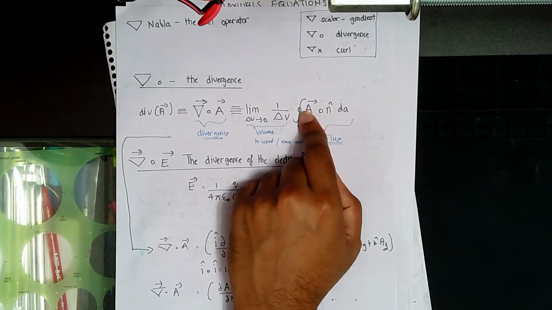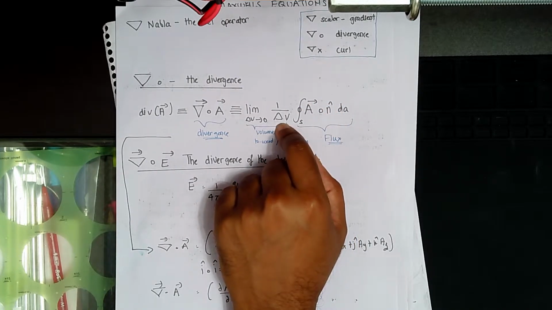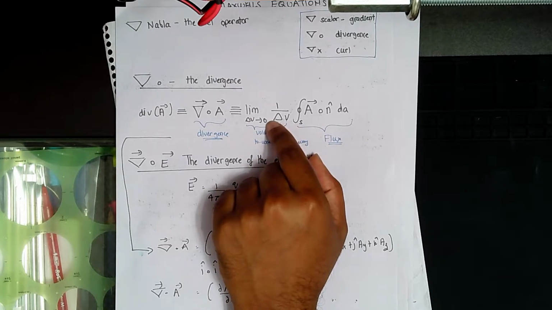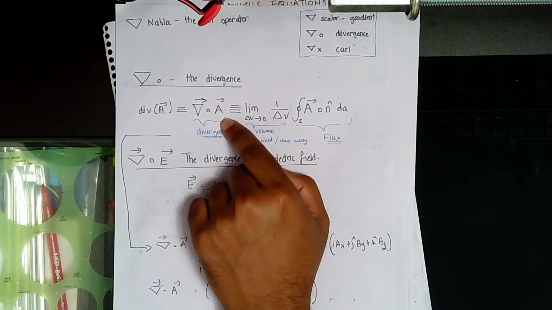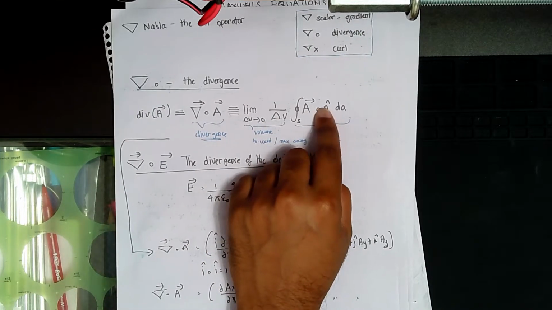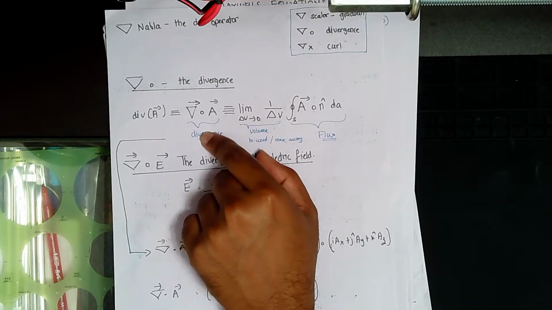Now, if I take the flux through a surface area and divide it by the volume, and keep decreasing the volume to as close to 0, that will give me the divergence at that very instant. So you're basically taking the flux divided by the volume of a very small region, and that will give you the divergence.